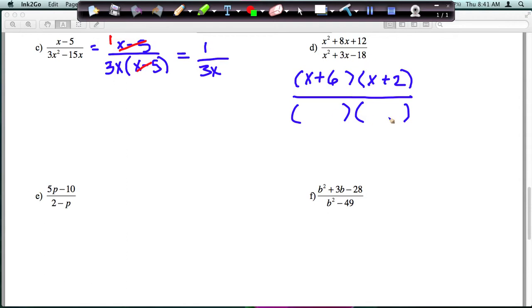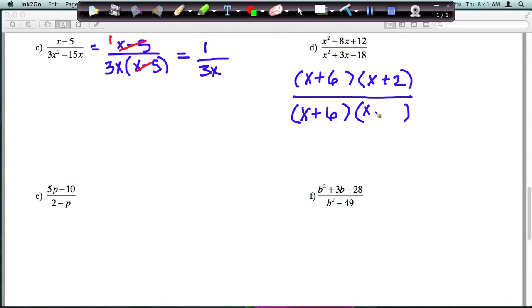And I always say when you're factoring a rational, use what you've already factored to help you because you're probably going to have a common term. So either this x plus 6 is going to be in the denominator or the x plus 2. And looking at this, it looks like it has to be the x plus 6. And then if I try this out, 6 times 3 will give me 18.